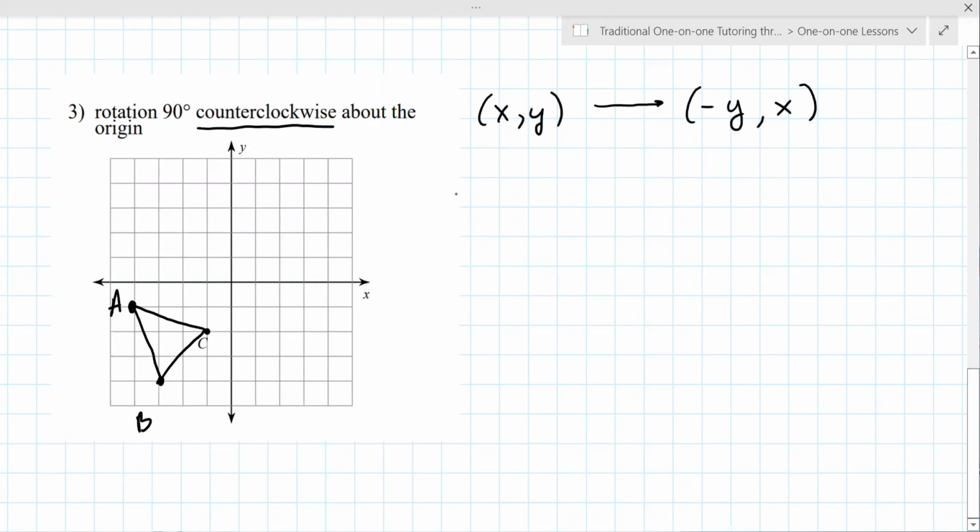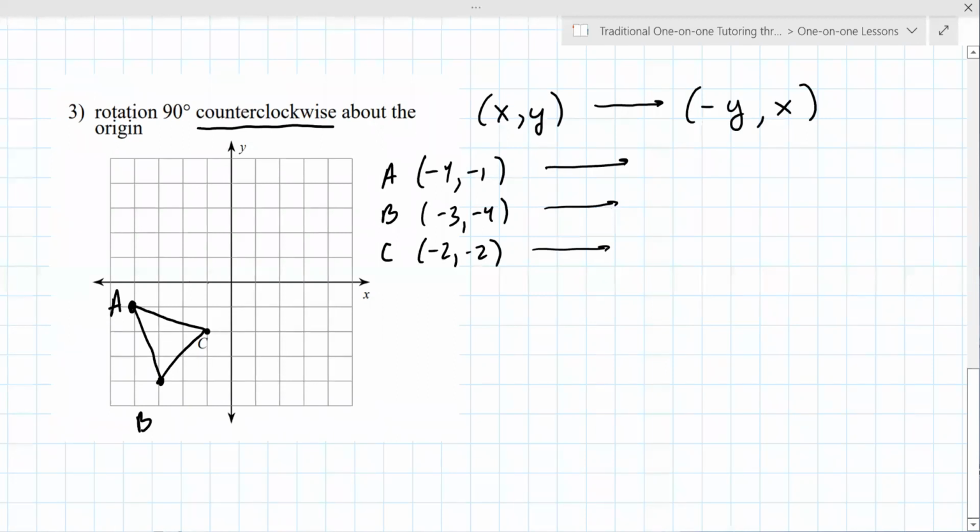So again, like you did in there, you really want to label the 3 points A, B, C. A is (-1, 4), B is (-3, -4), and C is (-2, -2). And you want to perform this transformation here for that. So it really helps to know the formula here.